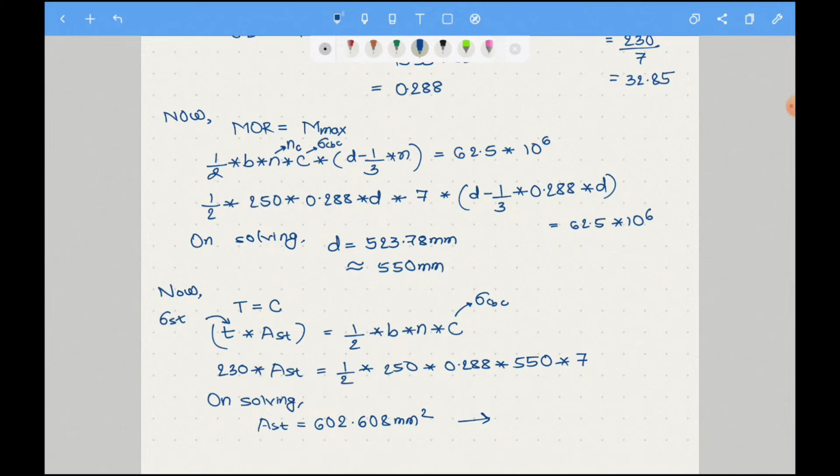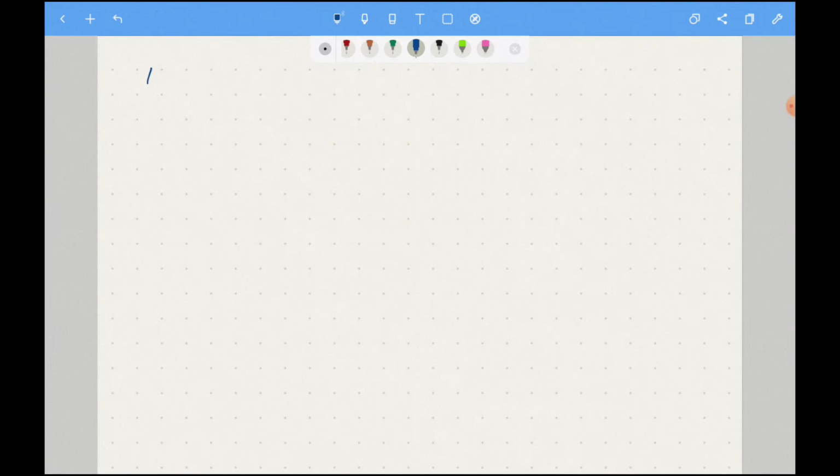So for this I'll be adopting 16 mm diameter bar. Now the individual area of the reinforcement should be equals to pi d square by 4. So what I can write here is pi by 4 into 16 square, and that should be equals to 201.061 mm square.